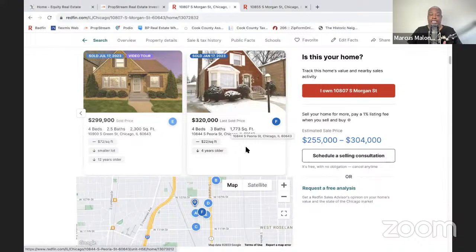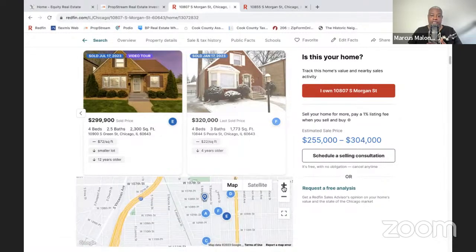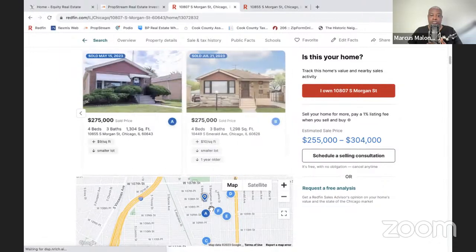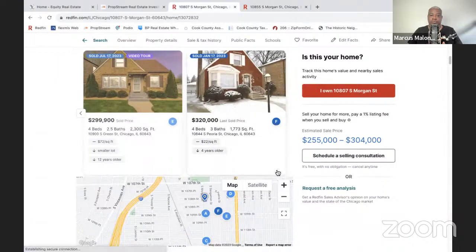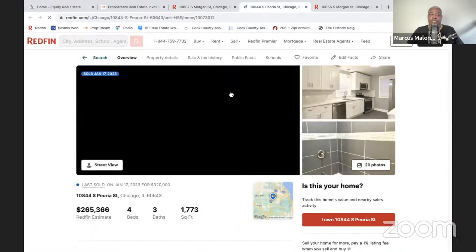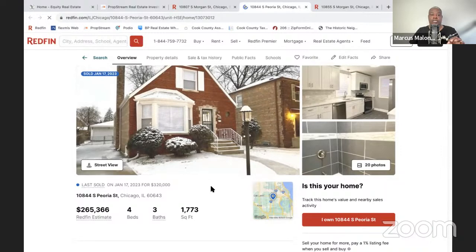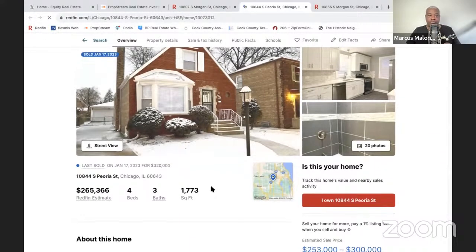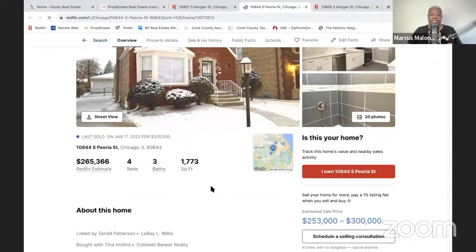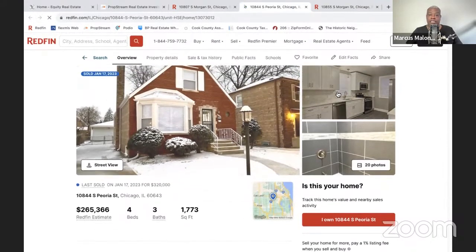$320,000. But as you can see, we're in the same area, same neighborhood, pretty much 2 streets over, but the square footage is a big difference. So you're looking at 400 additional square feet, almost 1,800 square feet versus 1,300 square feet. So that additional square footage makes a big difference.